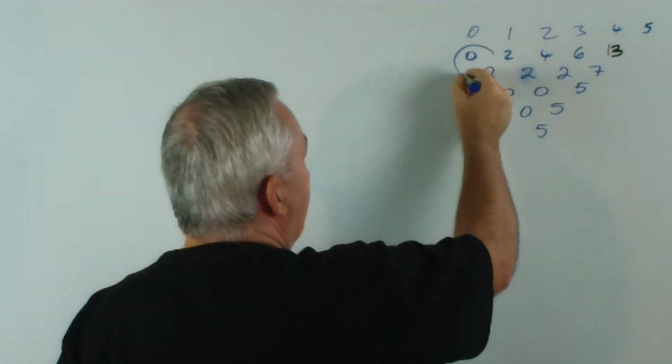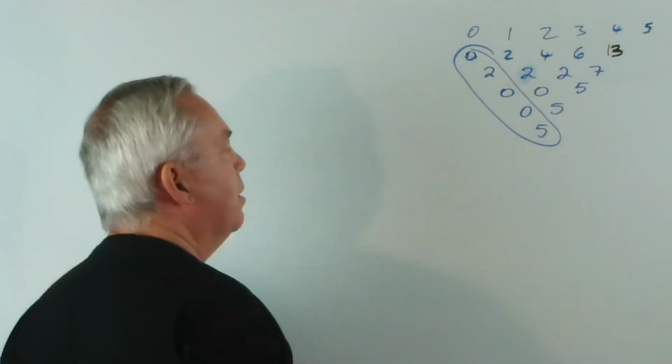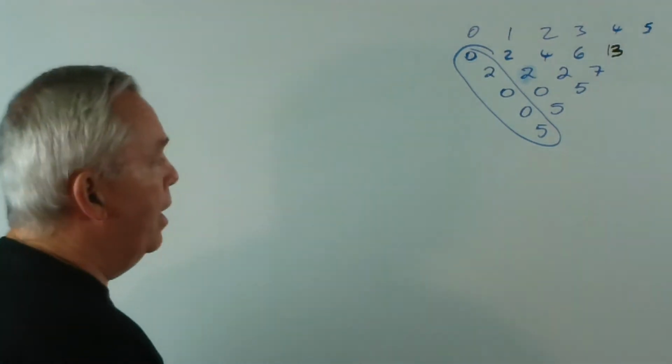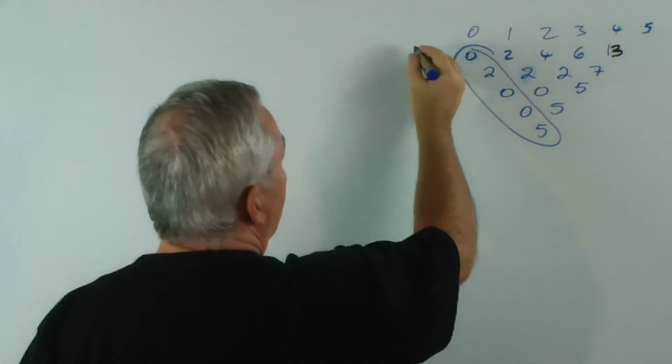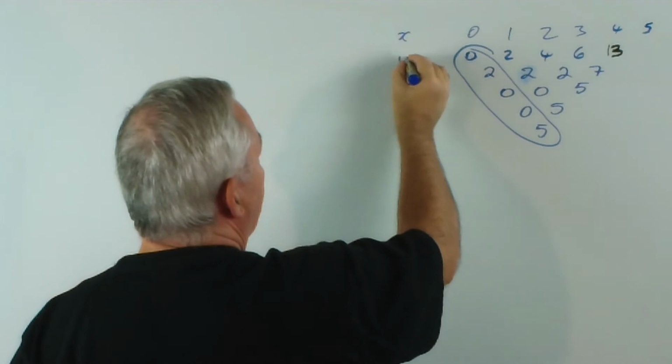So here is our leading row of numbers. And our formula, let's use x and y.